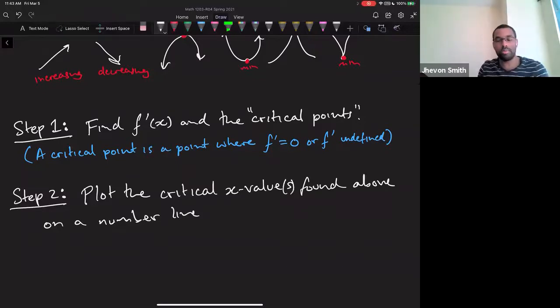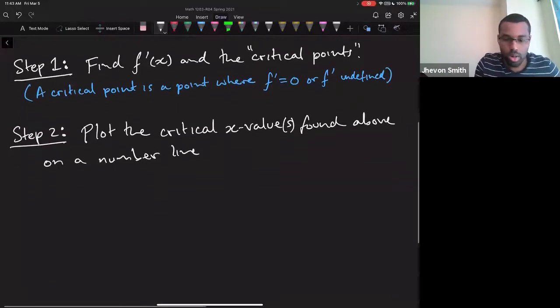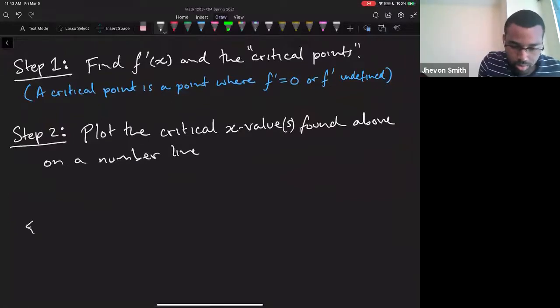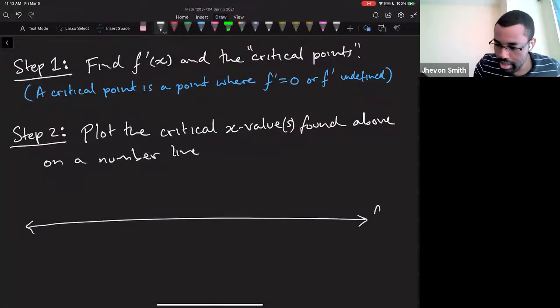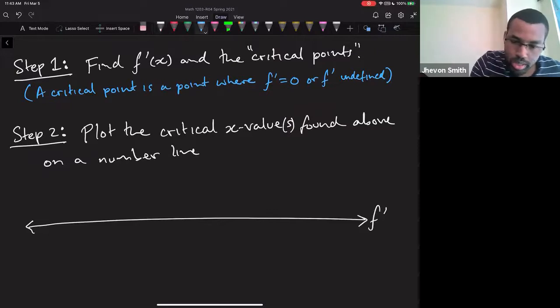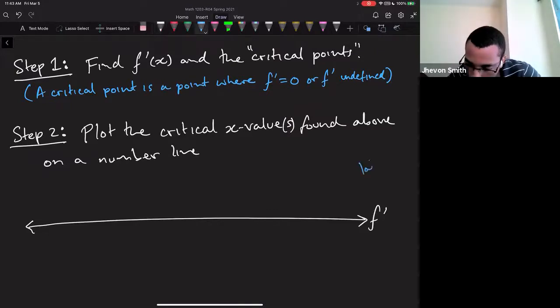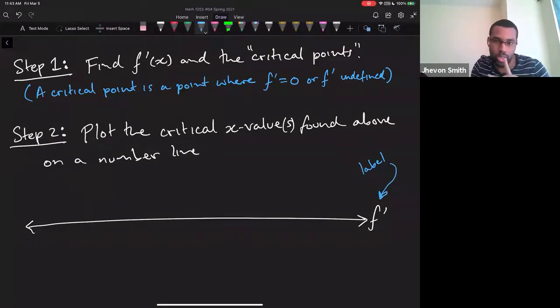It's just nice to have a visible representation. Notice here, label that number line as the derivative, because there are a couple of situations in which we are going to use number lines. So it'd be nice to label this number line by the derivative so you know what this number line represents.